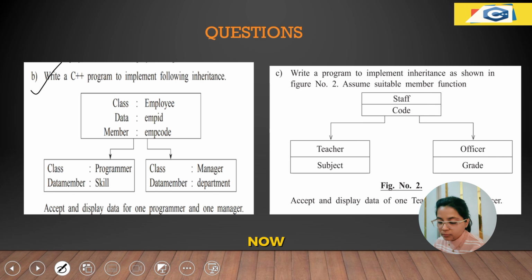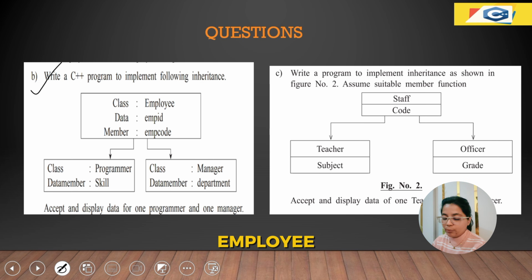Now, I have a base class employee, derived class programmer, derived class manager. As you can see in this image, each class has its own data as well as functions. What we need to do is create the employee base class, the programmer derived class, and the manager derived class.